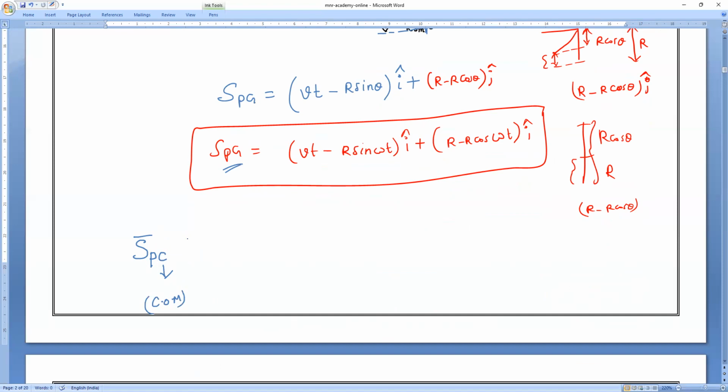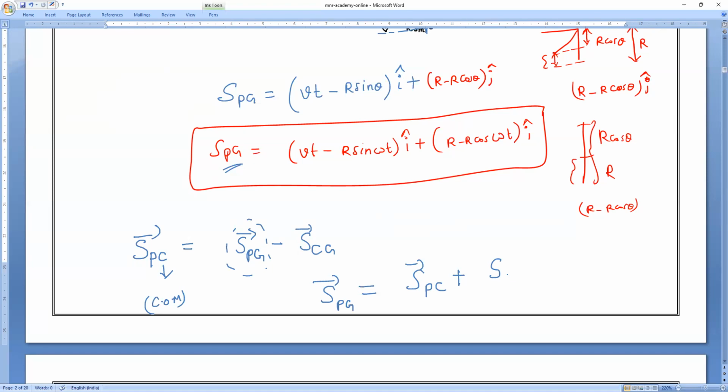The displacement of a particle with respect to center of mass is equal to, keep it in mind, the displacement of a particle with respect to ground minus the displacement of the center of mass with respect to ground.